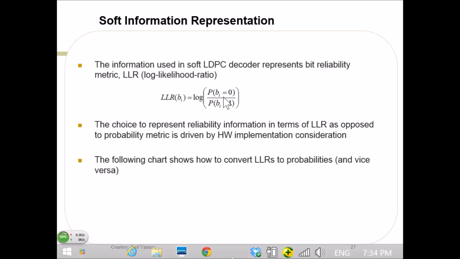If those 2 bits are independent, the probability of both being in error is the probability of bit 1 times the probability of bit 2. That multiplication is more expensive in hardware. But if I take a logarithm on the input domain, then it becomes the log of bit 1 plus the log of bit 2, so it becomes an addition.